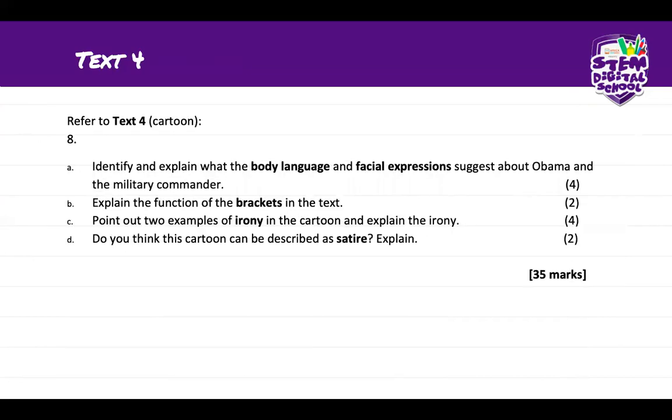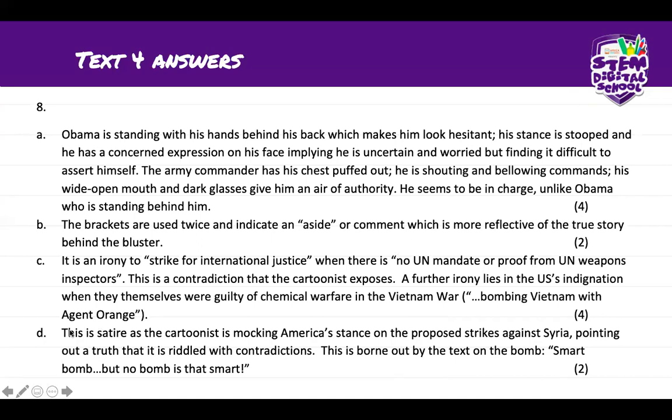And then D, do you think that this cartoon can be described as satire? Explain. Okay, this is satire as the cartoonist is mocking America's stance. Remember, the aim is to mock while trying to correct, or while trying to expose something in order for that then to be corrected.